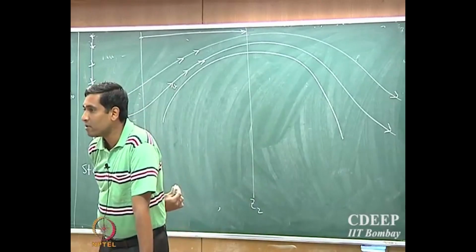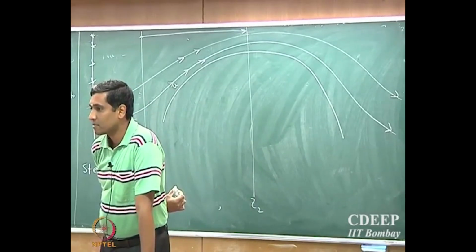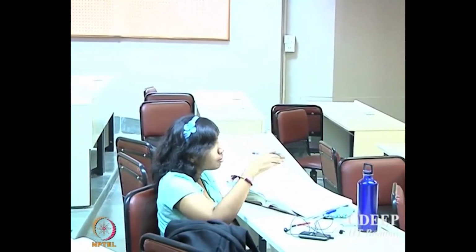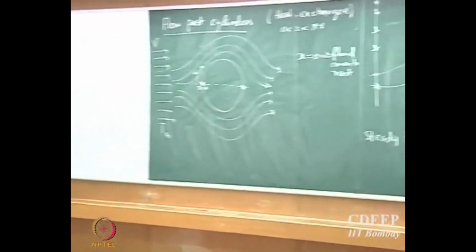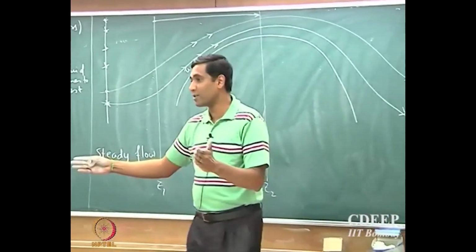Same thing can be said for the flat plate? But the distance traveled is the same. So remember that for the fluid particles in a flat plate, the distance traveled is the same.